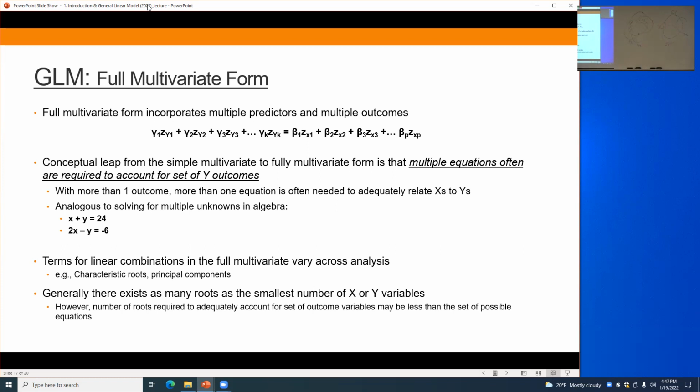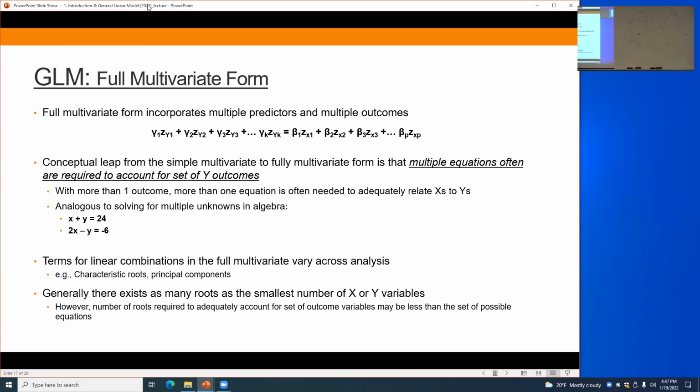In general, for these analyses, there exist as many roots as the smallest number of x or y variables in the model. So if I've got 5 predictors predicting 3 outcome variables, I would have 3 characteristic roots, or 3 equations that could fully capture this. If I've got 5 outcome variables and 2 predictors, then it's going to be 2.